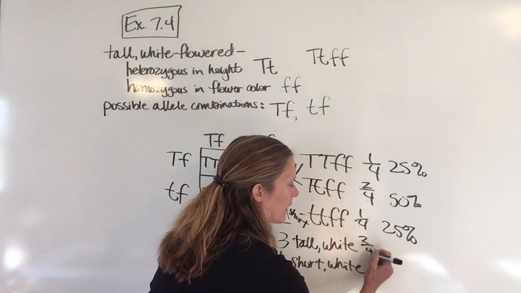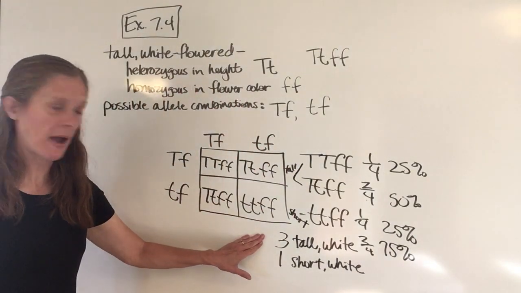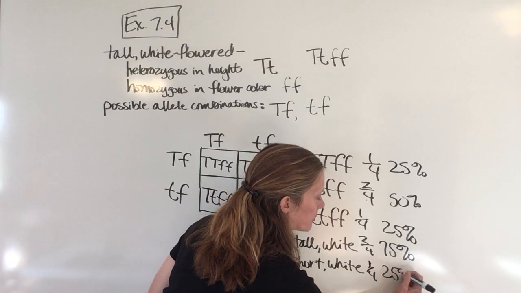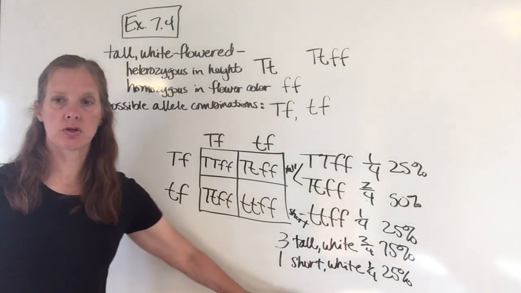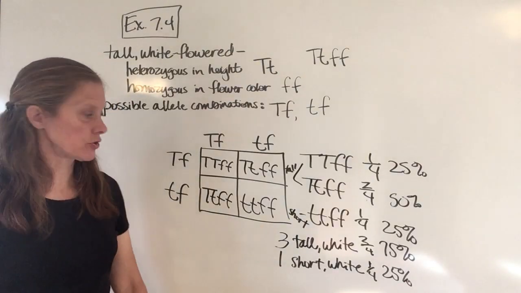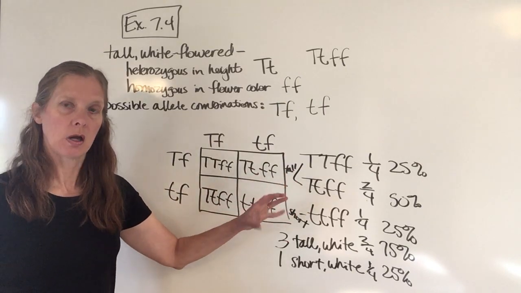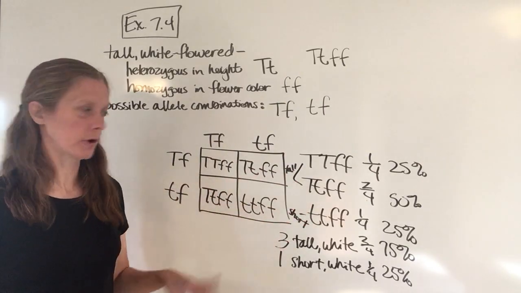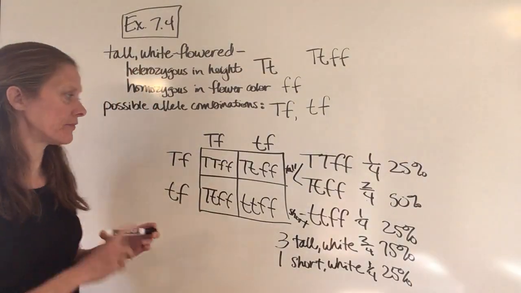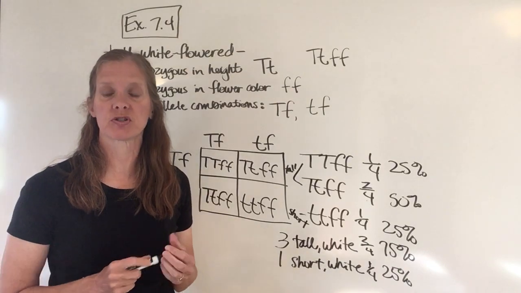So 3 out of 4, or 75% of my offspring are going to be tall with white flowers, and then 1 out of 4, or 25%, is going to be short with white flowers. Okay, so your ratios here are going to be 3 to 1, and this is going to be a 1 to 2 to 1, just like we saw when we did an example like this before. The only difference here was that we did have 2 traits in place of just 1, but you'll see that the ratios turned out to be very similar in this one.